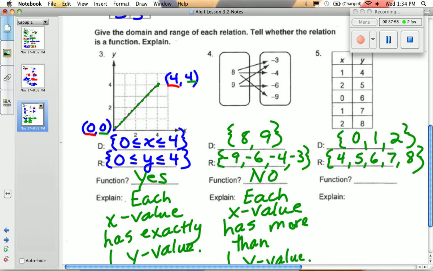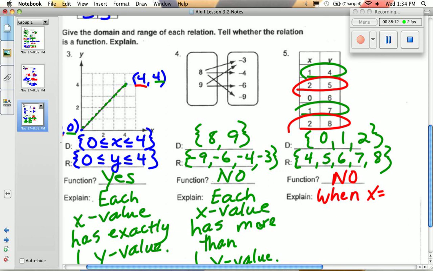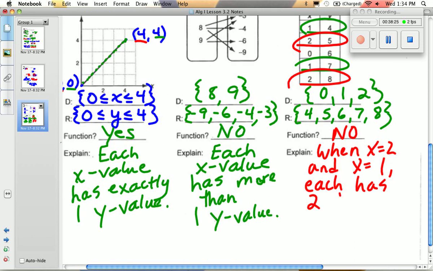Because 1 has 2 different y values, and 2 has 2 different y values. So we're going to say no, when x equals 2 and x equals 1, each has 2 different y values.